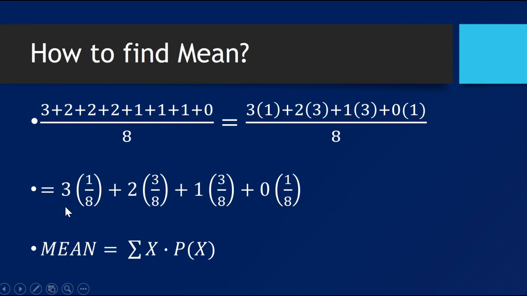And then adding all of those up. And so one way we can find the mean is by simply taking each value, multiplying it by its corresponding probability, and then adding up all of those products. That's what that capital sigma means, if you recall from chapter 2.